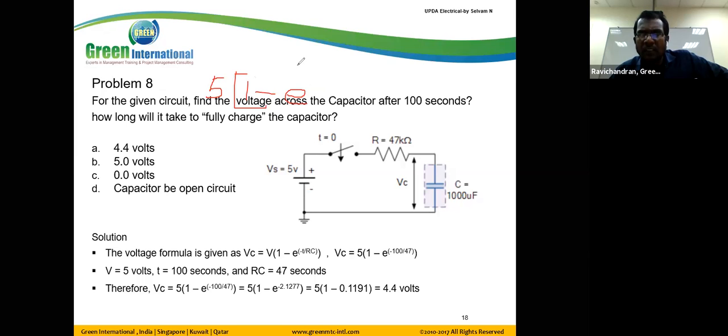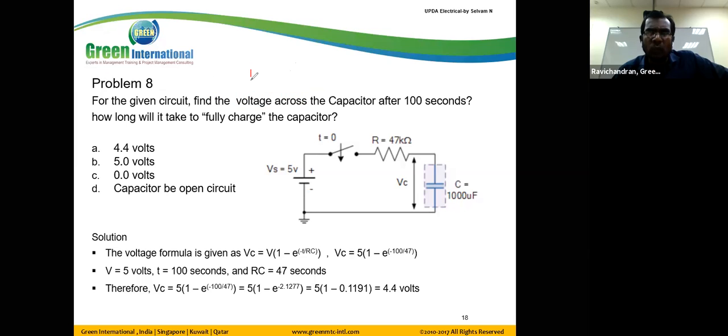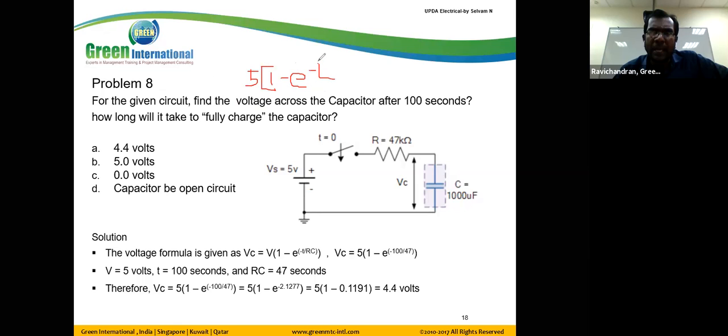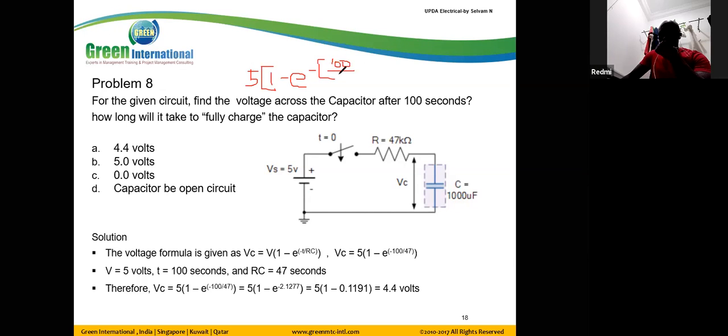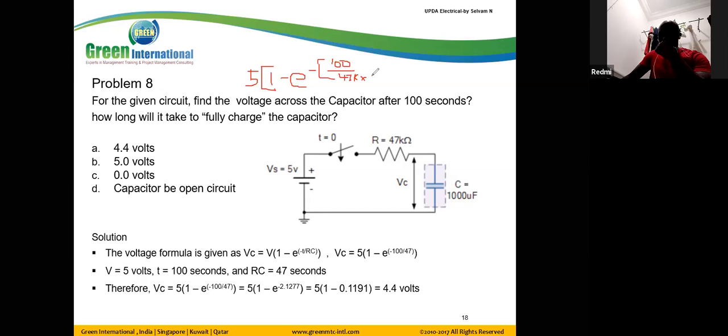So VC equals 5 times, open the bracket, 1 minus e to the power of minus, open the bracket, t is 100 seconds divided by R, 47K, into C, 1000 microfarads. So we get the answer.